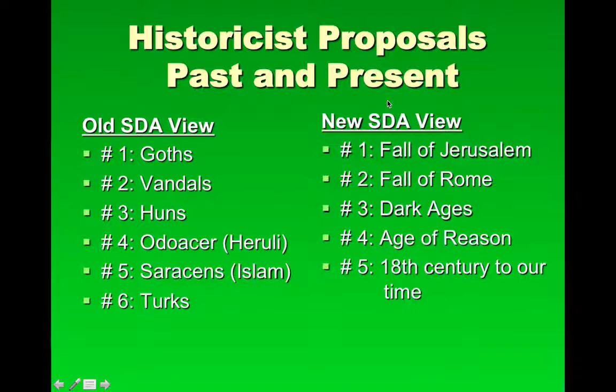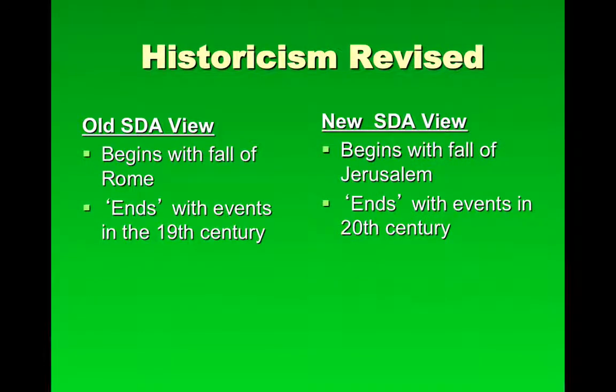So historicism has in some ways run into a lot of trouble, has run into credibility problems in our time because it has not successfully met those challenges. When you see this revision of the historicist paradigm, the old view of the trumpet sequence begins with the fall of Rome, and it ends with events in the 19th century. There is a certain bias for the ending happening at the time of the interpreter of the book.